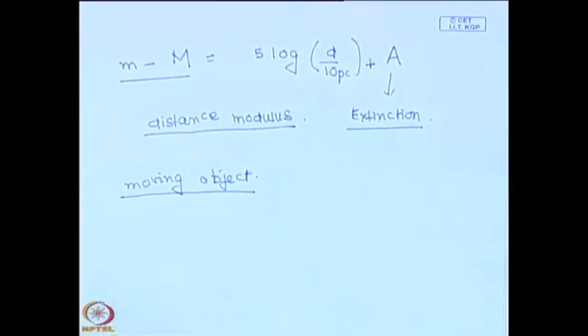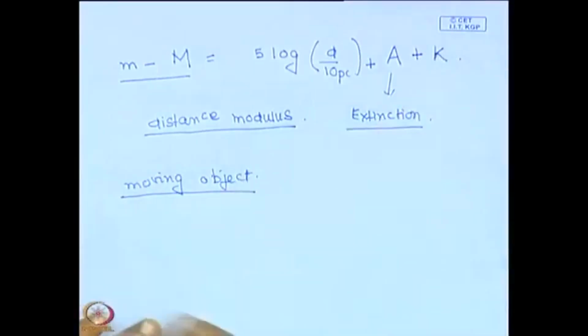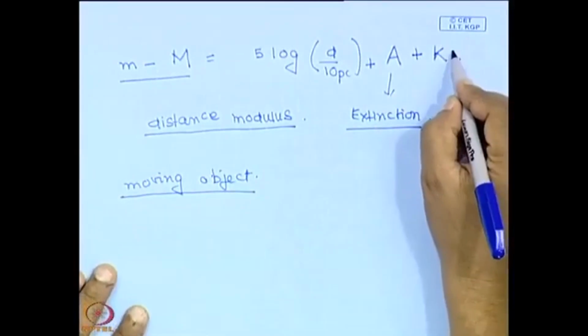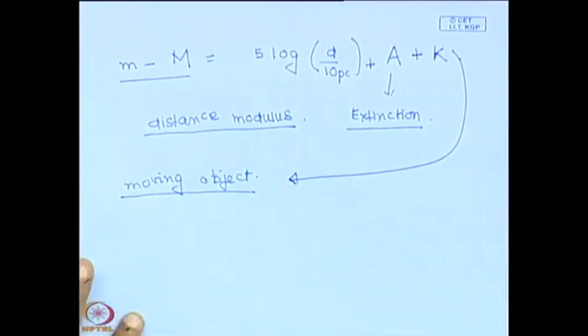So one has to correct for this effect also, and one can in principle correct for this if you know the spectrum of the object, the spectral distribution. This is corrected by introducing something called the K correction, which takes into account the fact that when you look at a particular band, it corresponds to a different band in the rest frame of the object.